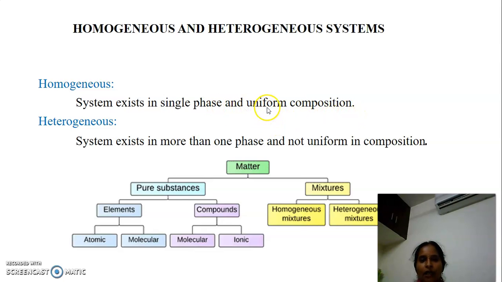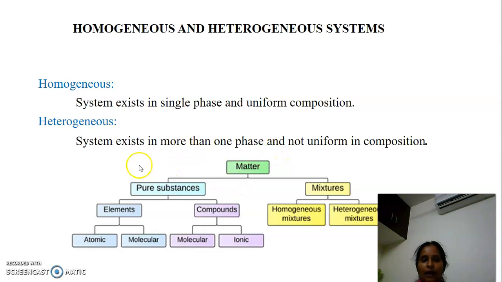Wherever you check, the chemical distribution of the various ingredients of that system would be uniform, so it is considered a homogeneous one. Phase means the physical state of that system. Heterogeneous means the system exists in more than one phase and is not uniform in composition.